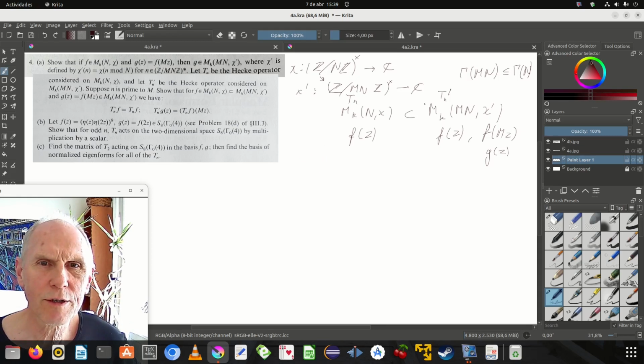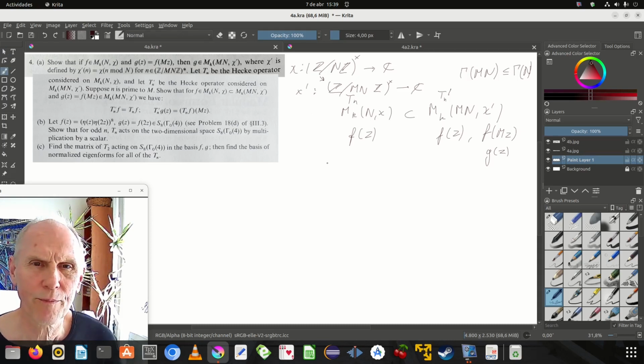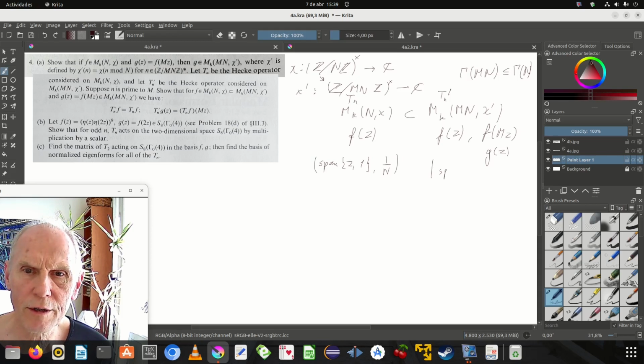So in this space we have the modular points, and in this one divided by mn.